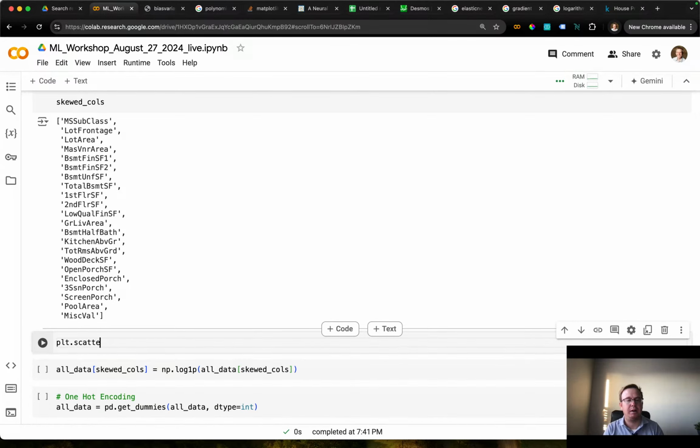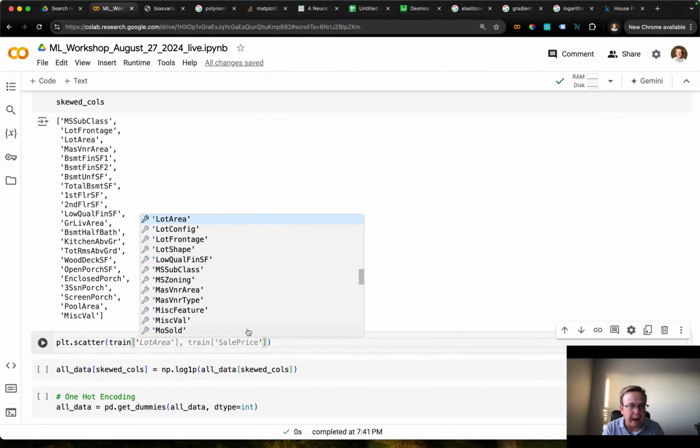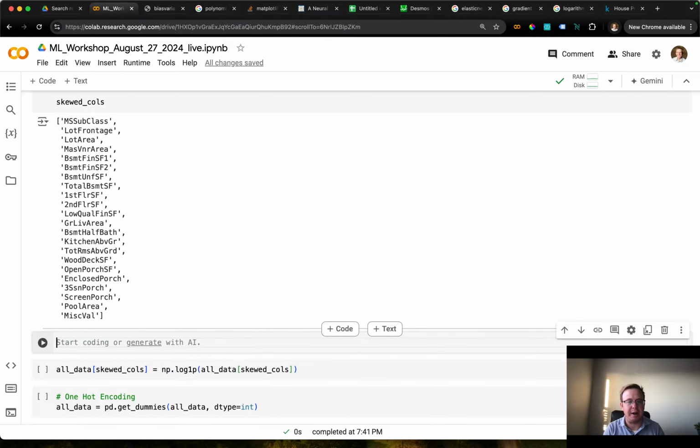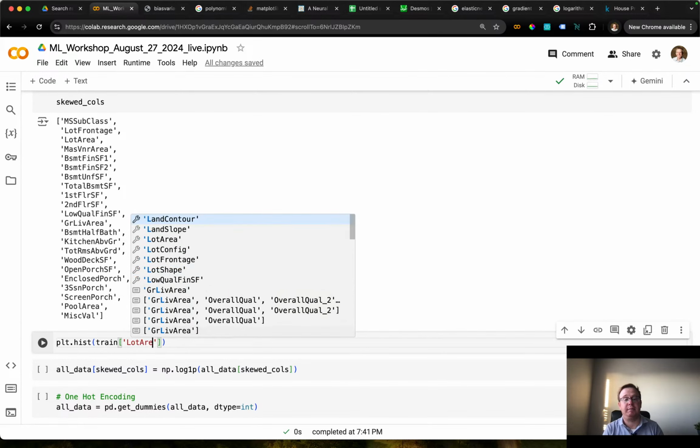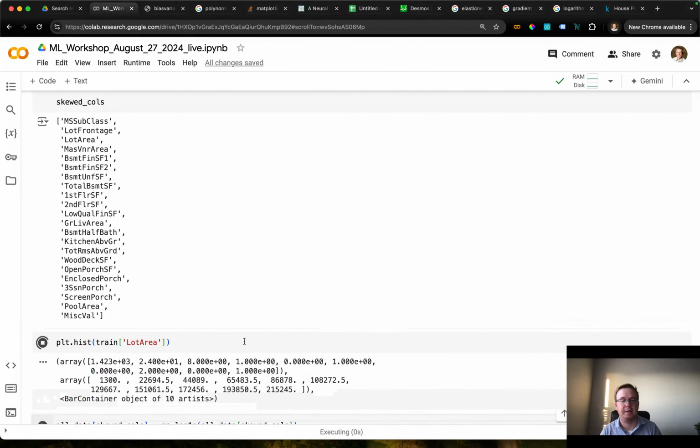For reasons similar to the sale price column, let's look at plt.scatter between the, let's see, actually, let's look at a histogram, sorry. plt.hist of train lot area. Okay.